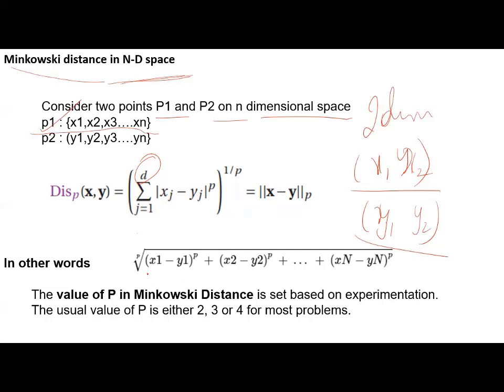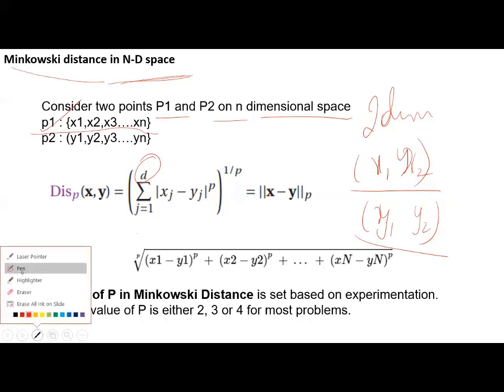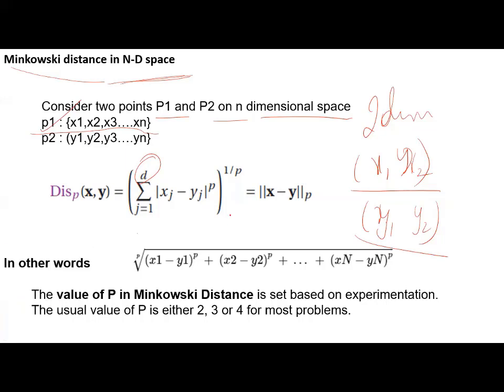x1 minus y1 whole power p, x2 minus y2 whole power p, up to xn minus yn whole power p. What is p?